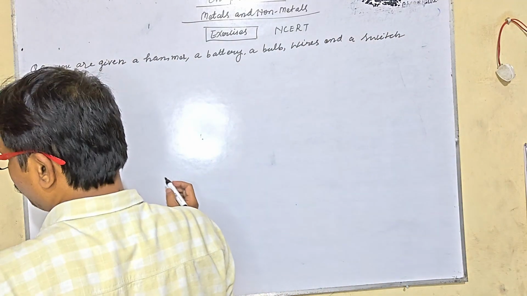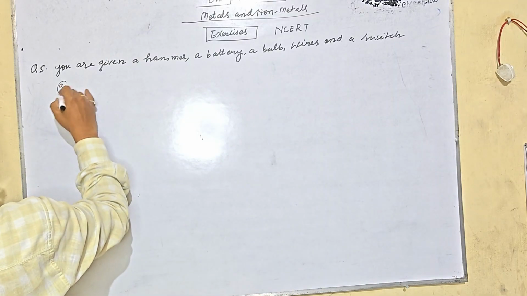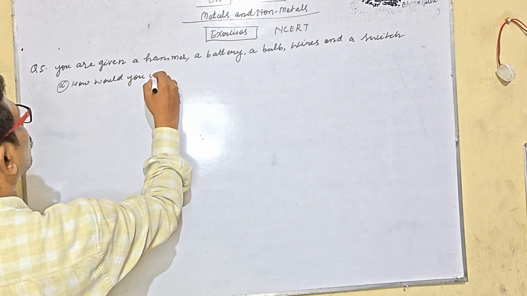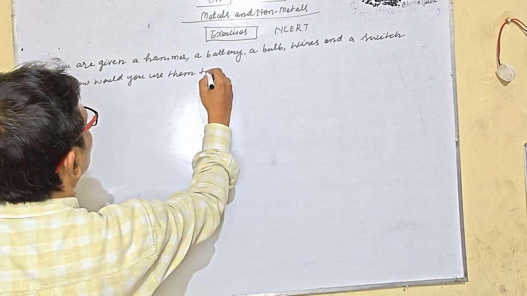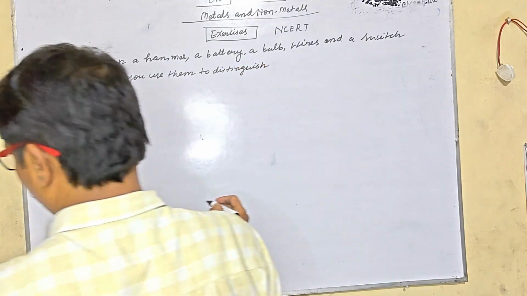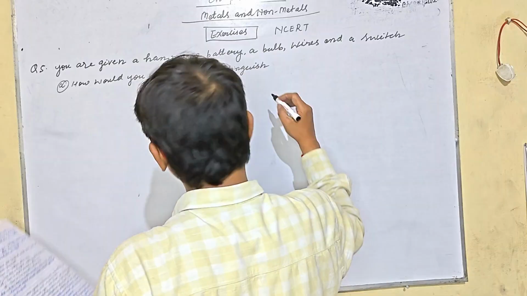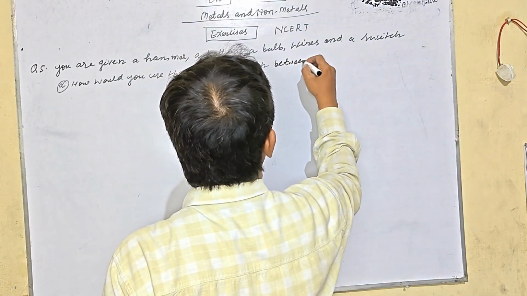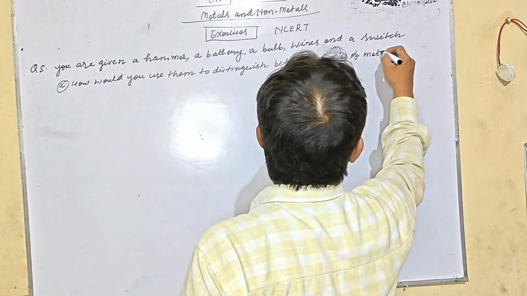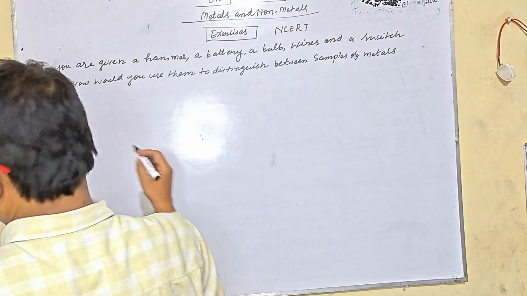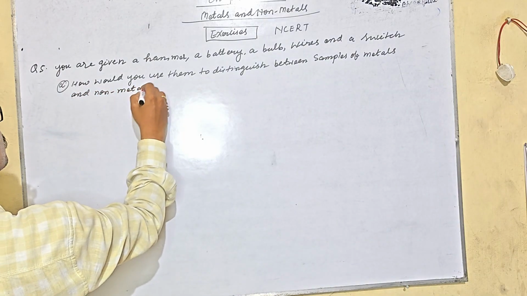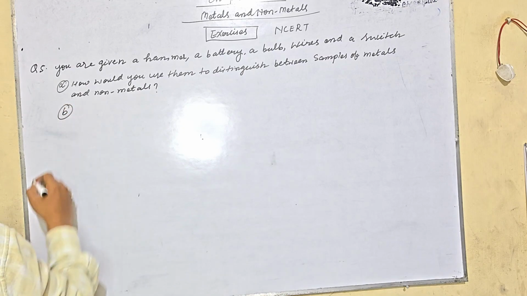How would you use them to distinguish between samples of metals and non-metals?